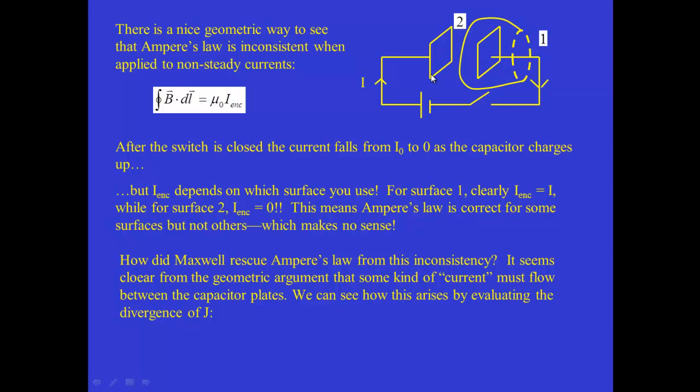We can see how this arises by evaluating the divergence of J. Going back to what I did just a minute ago, I said that the divergence of the curl of B should be 0. So using Ampere's law, you get mu naught del dot J, and there was an equation that showed us how to simplify del dot J back in Chapter 5, called the continuity condition. Del dot J is minus the time rate of change of rho.